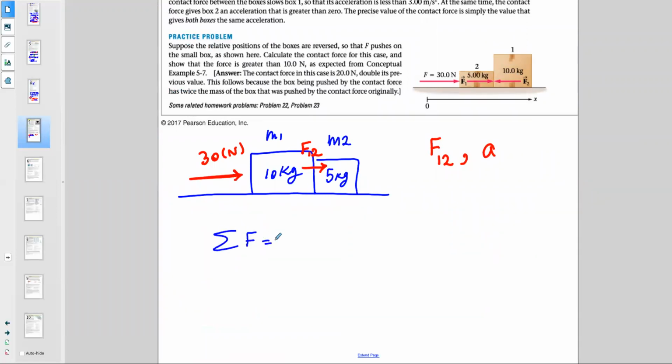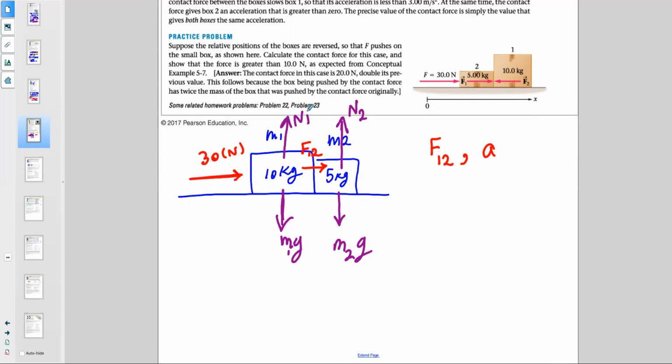So we know sigma F equals MA, okay? The most important thing here, first, let's do a free body diagram. I have M1G here. I have M2G here. I have normal force N2, and I have normal force N1.